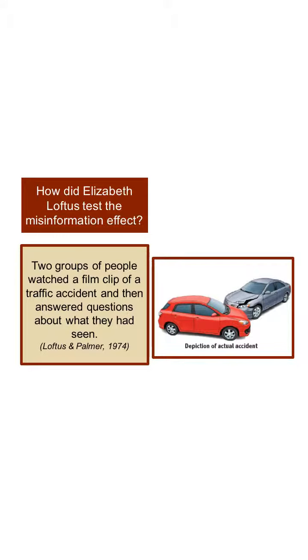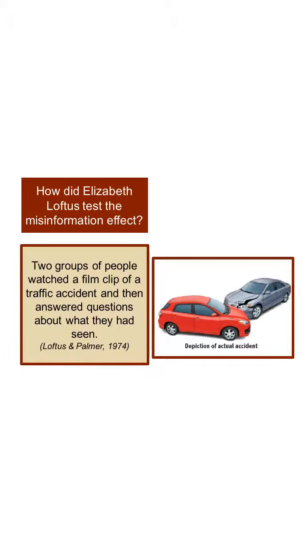Of course, for us, at least, the meaning of smashed means really strong impact, whereas hit could be not as severe. So people who had been misled with the leading question, with smashed, not only did they estimate the cars going faster than the group that was told hit each other, but when asked if they remembered, for instance, glass being shattered, they said yes, whereas the people in the hit condition did not, because there was no glass.